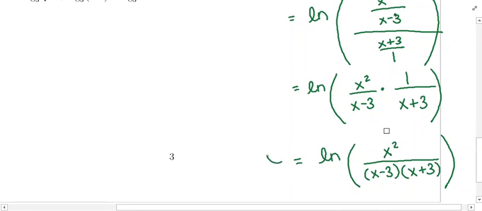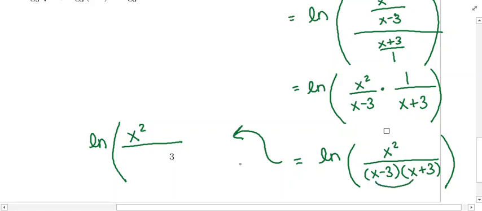If you want to go a step further, you can multiply out the denominator to get the natural log of, the top is going to stay the same, x squared. If we FOIL or box the denominators out, we're going to get x squared plus 3x minus 3x minus 9.